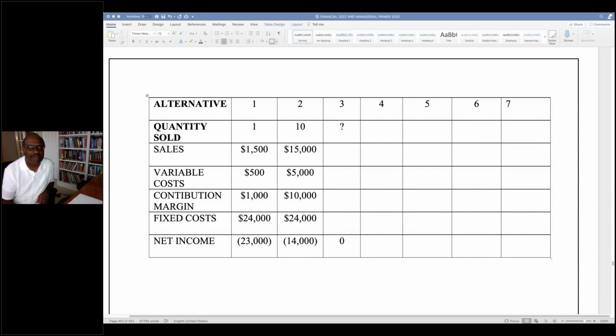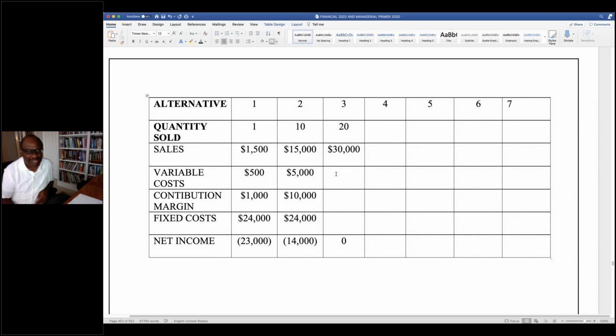So how many do we got to sell, Hubert? I'm Krishan. Still how many we got to sell? I'm still playing with the numbers. I could guess 20 though. You guessed 20. So Krishan says if we sell 20, what are sales going to be, Krishan? It's going to be 36,000. I mean 30,000, my bad. What's cost going to be? 10,000.